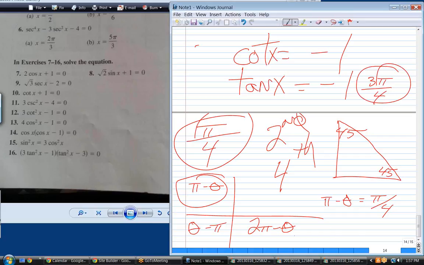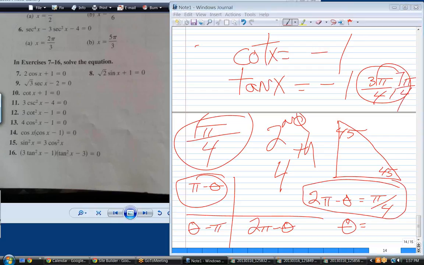Now the fourth quadrant. The fourth quadrant says 2 pi minus theta has to equal pi over 4. Solve this algebraically. Then you would get 7 pi over 4.